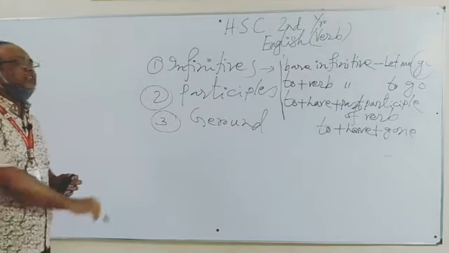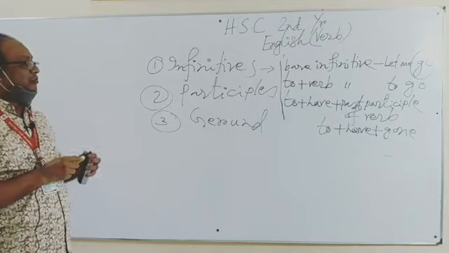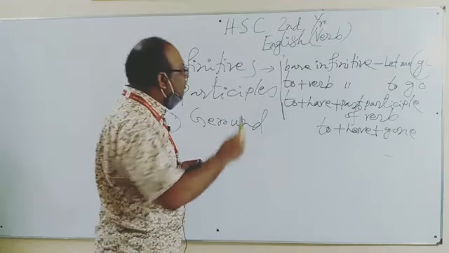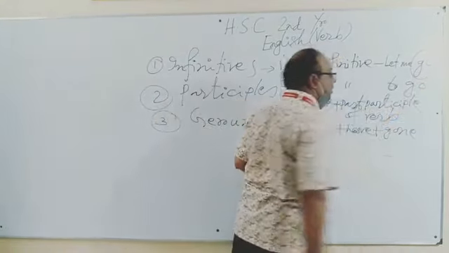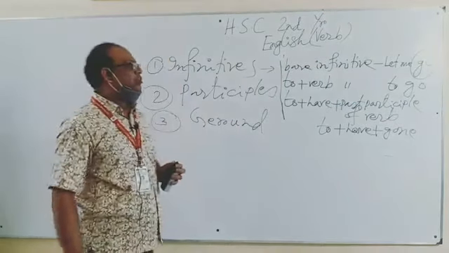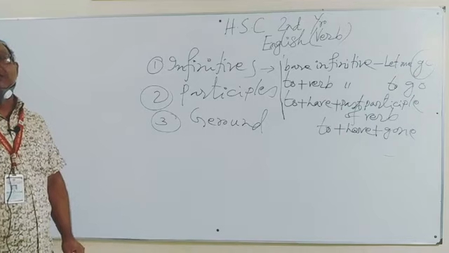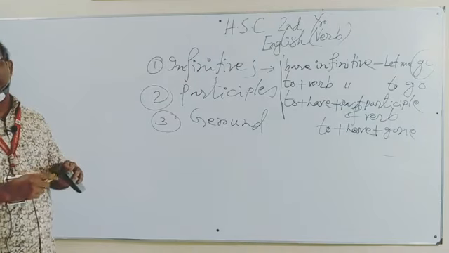So infinitives are again classified into three groups. First one, bare infinitive. That means infinitive without to. Let me go. In common use, you might say, let me to go, but we do not use to. So these kinds of uses are called use of bare infinitive.